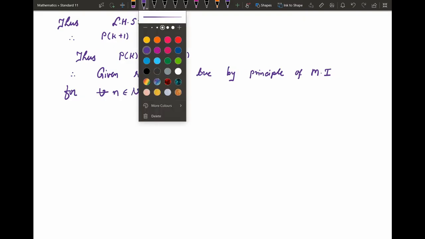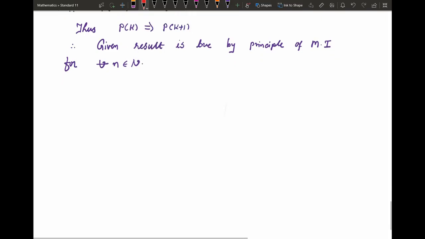So using the same method, that means using the principle of mathematical induction, now you can prove this one. Prove it by exactly the same method as we have done.